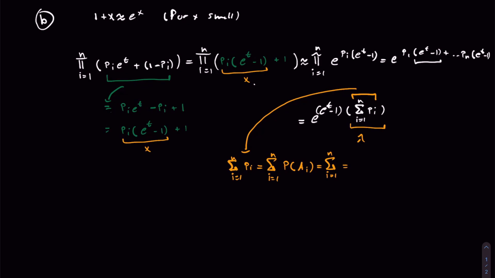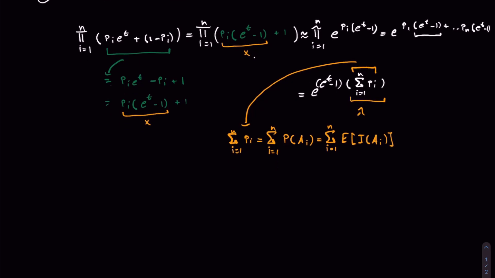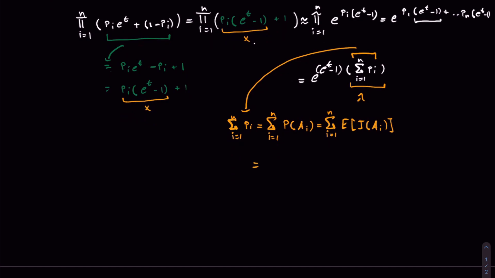The fundamental bridge says if this term here is Bernoulli, it's the same thing as the expectation of the indicator of A_i happening here. Okay. And then in the next step, we just use the linearity of expectation in reverse so that we can move it out of the sum.